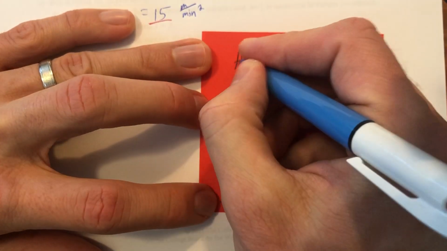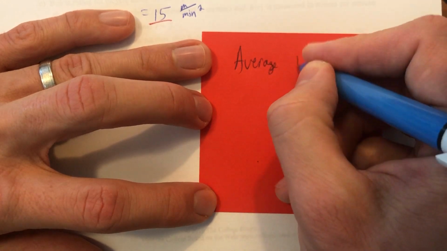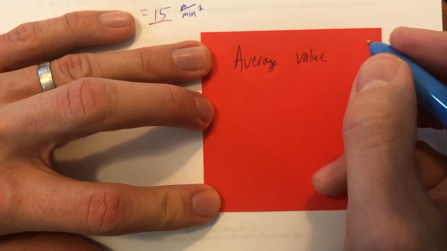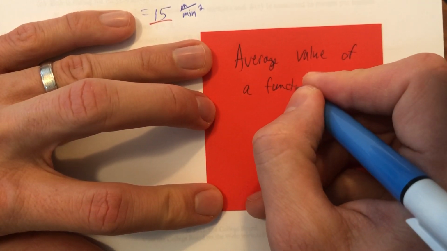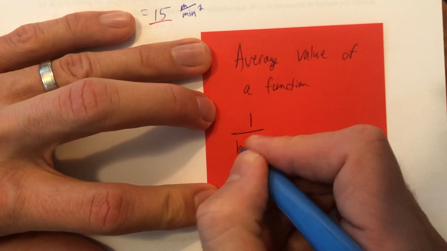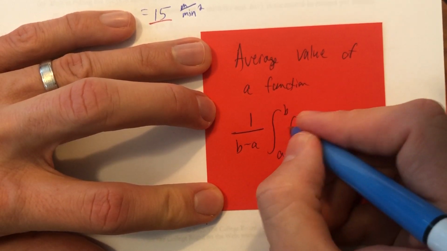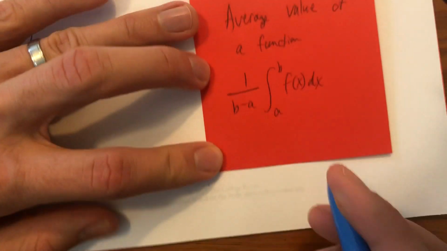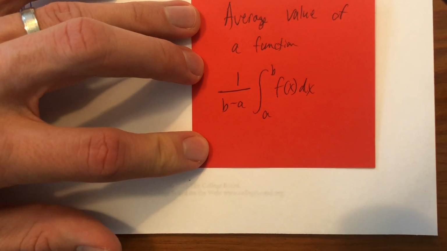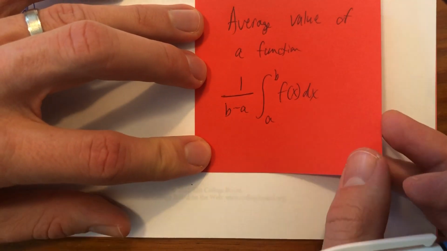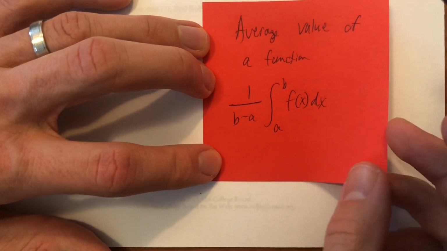So the average value of a function is the integral from a to b of my function. So this would tell me how high my function is, and then I would basically divide it by how wide it is, and that would tell me the average value. There's a whole lesson on this stuff. That lesson was called the second fundamental theorem of calculus, but this was attached to it.